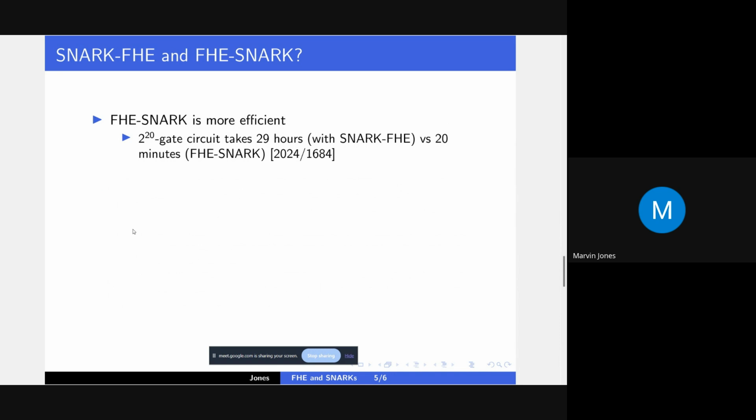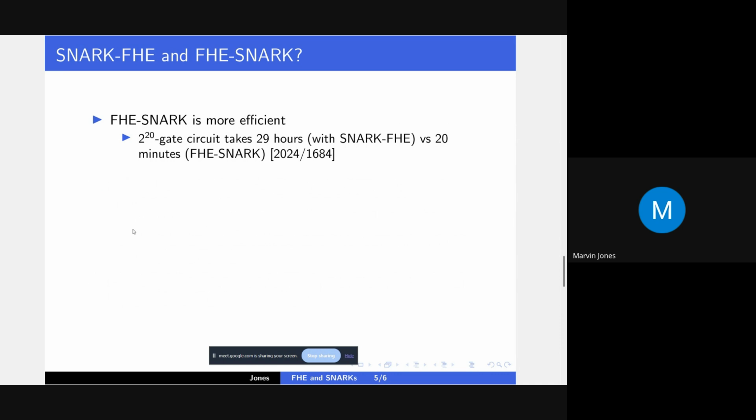Which one's better? Well, first off, FHE-SNARK is going to be the more efficient one. It turns out that if you do SNARK-FHE, it's going to take 29 hours to do a circuit with 2 to the 20 gates.